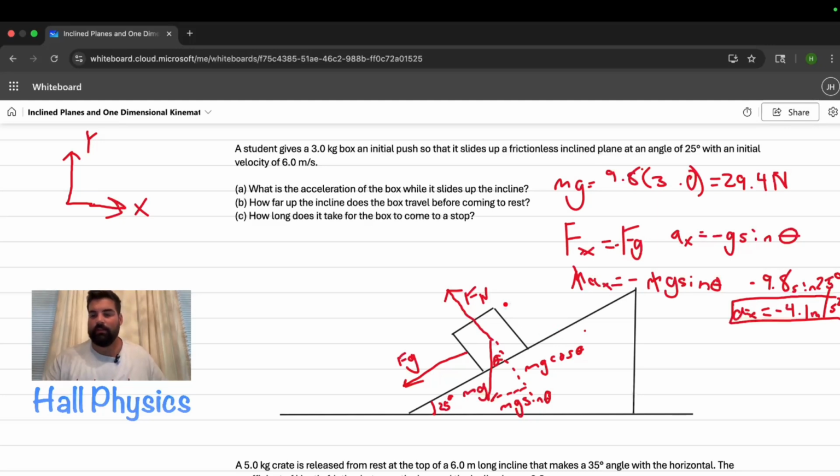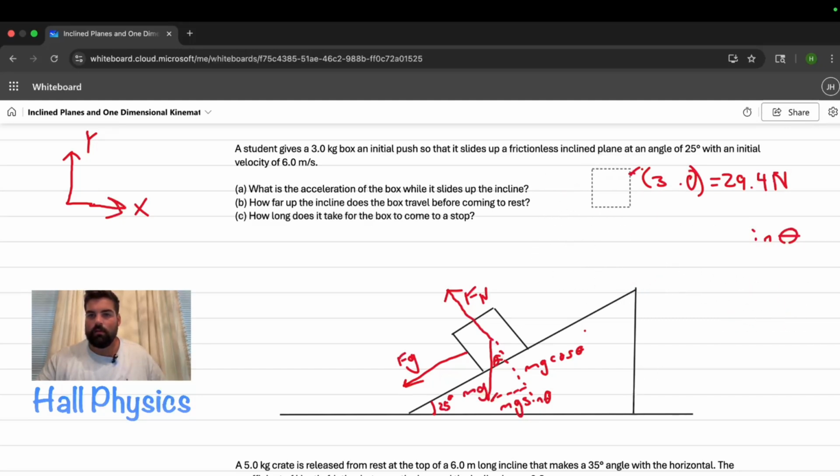Okay, let's move on to the second part of this problem. Let's move on to B. Let me rewrite that piece of information up here so we don't forget it. Negative 4.1 meters per second squared.